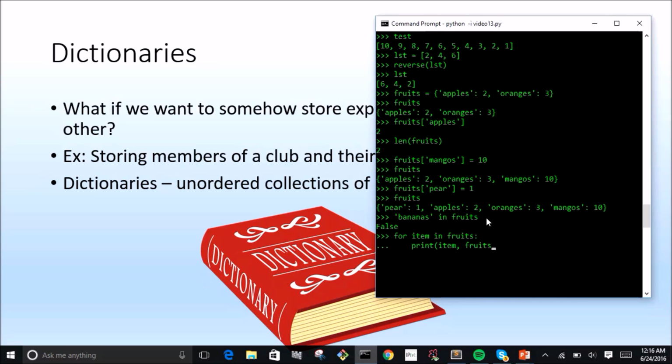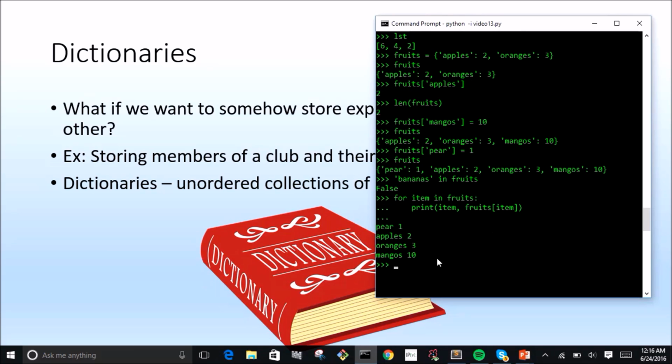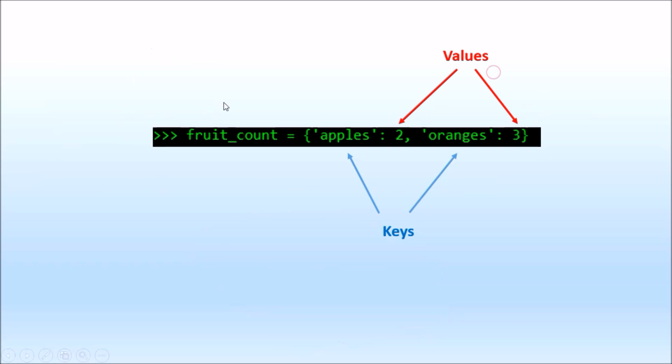I access the value using the key, and you get the following. So these are some pretty simple dictionary operations. Here's a demonstration of the key and value idea. These are the keys and these are the values.